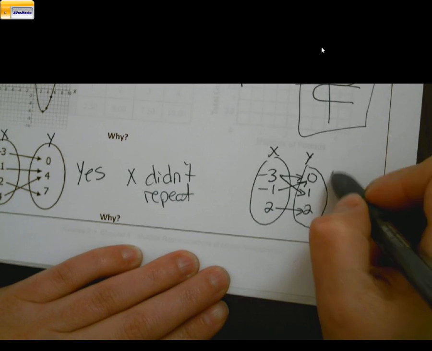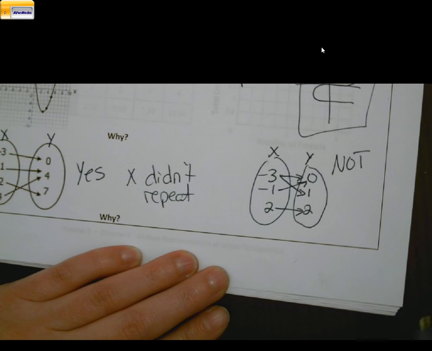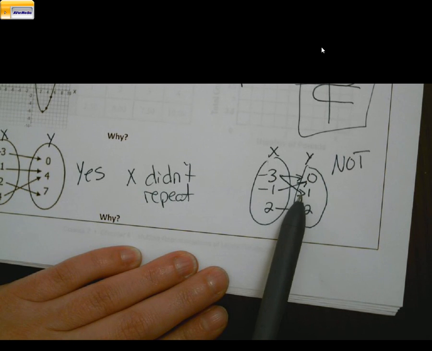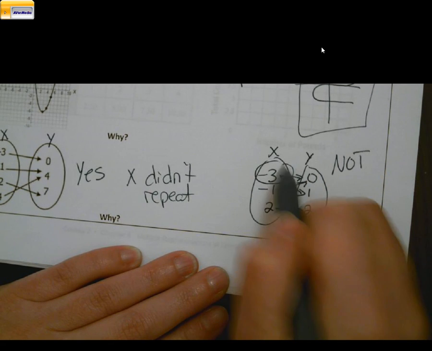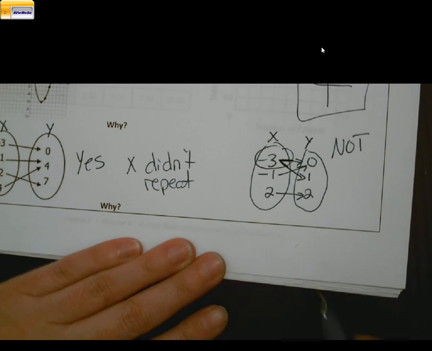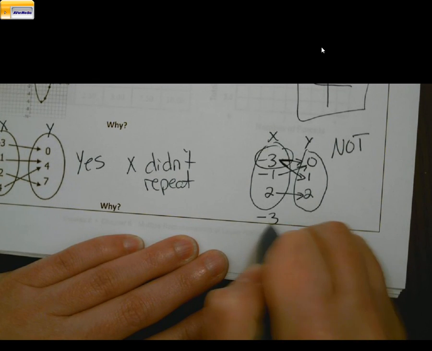This one is not a function. And the reason it's not a function is because this -3 goes with 0 and it goes with 1. This x, see how I see two lines coming off of it? X repeated right there.